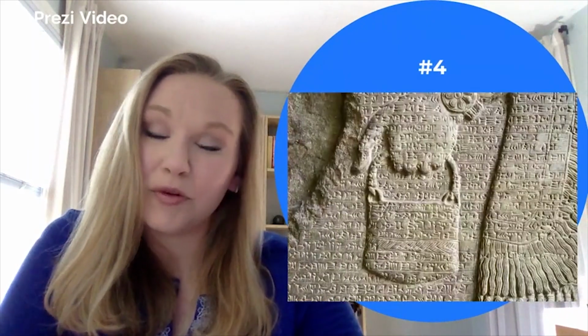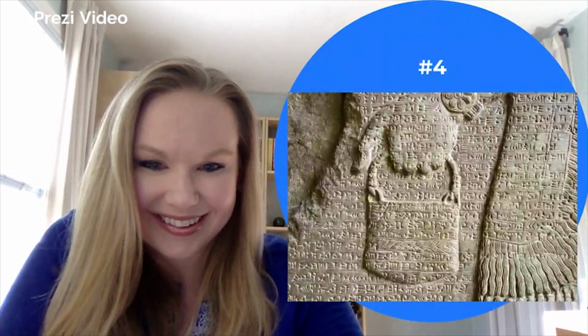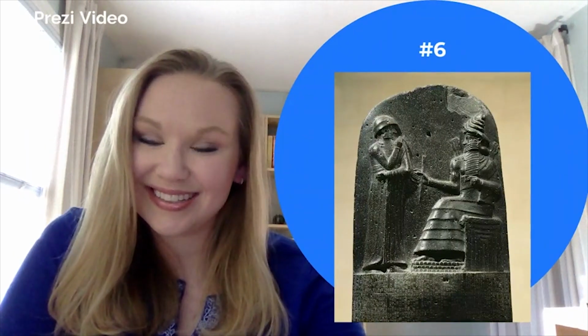Number 3, looks kind of like a building. Number 4, can you see? Get real close. There's definitely something in there. Number 5. Number 6.